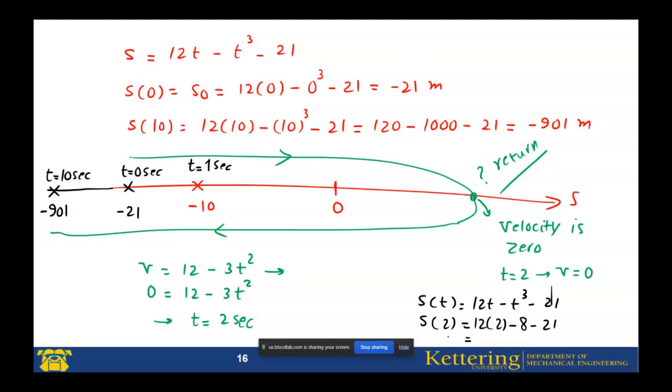It is 24 minus 8 minus 21. This point is minus 5 meters.